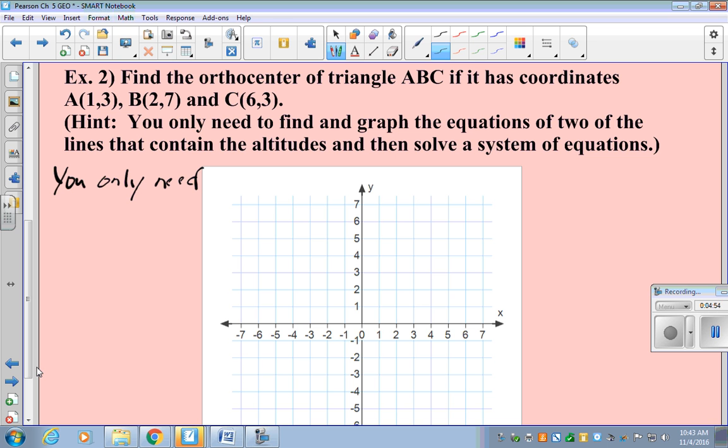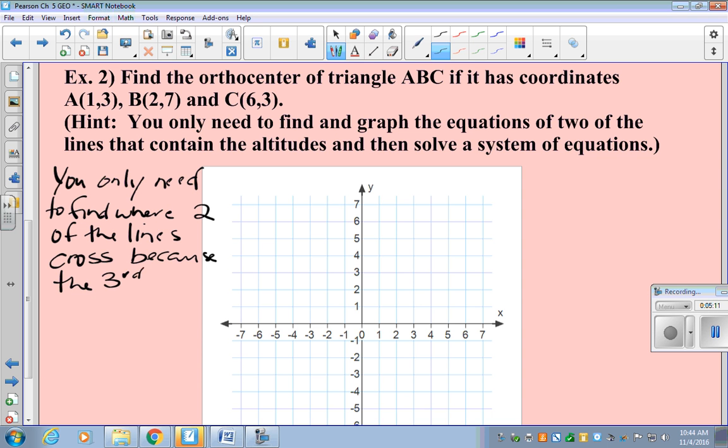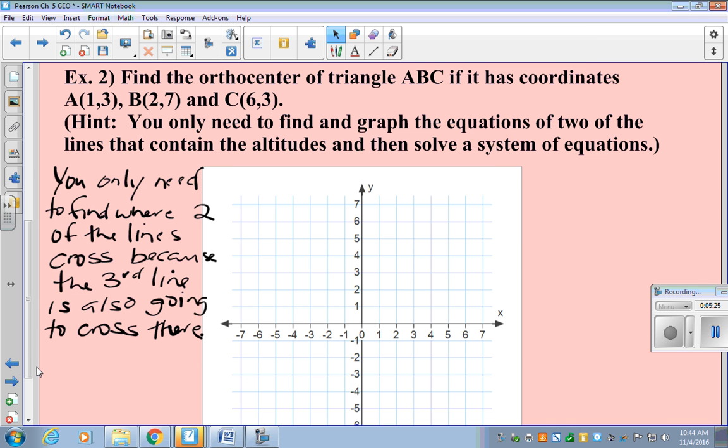You only need to find where two of the three lines cross, because your third line is just going to cross right there as well.